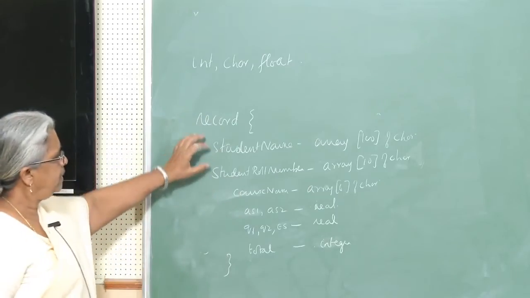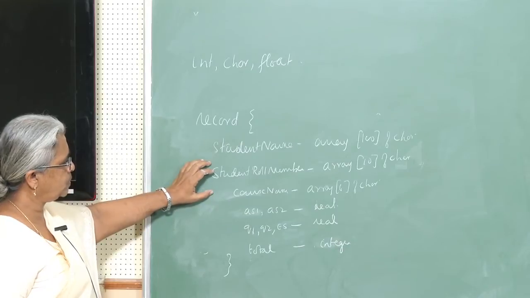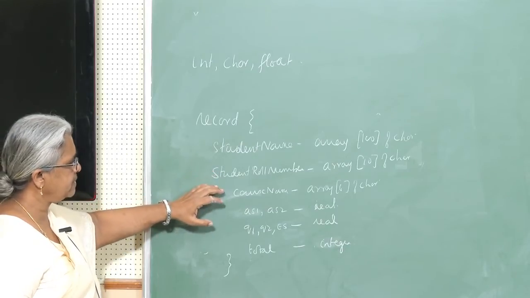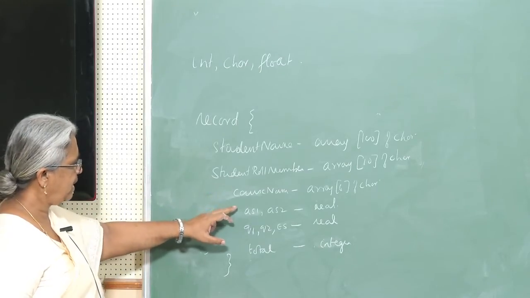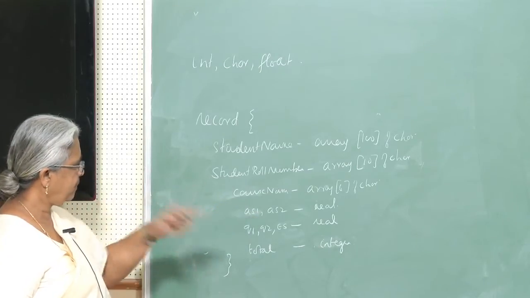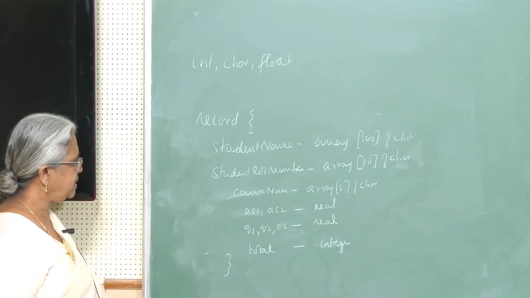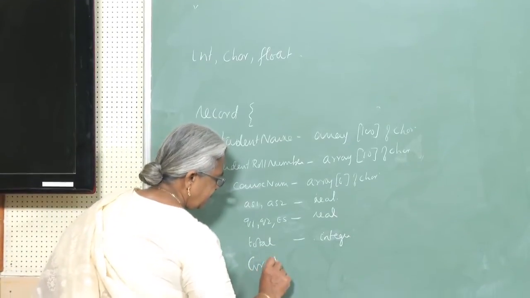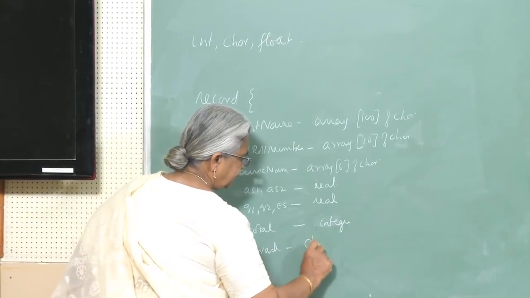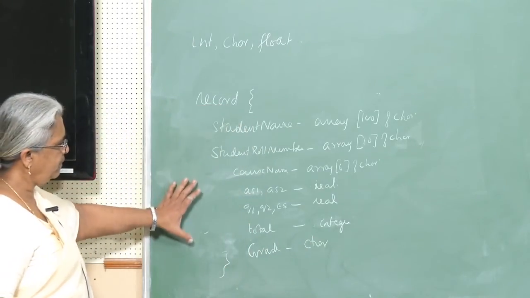Student name, which is a string of characters; student roll number, again a string of characters; course name, an array of characters, again a string; assignment 1, assignment 2, of type real; quiz 1, quiz 2, end sem, again of type real; and total is integer, based on which a grade is given. Let us say we also have a grade which is of type character. So, what I have tried to do is create a student record with all the information together.